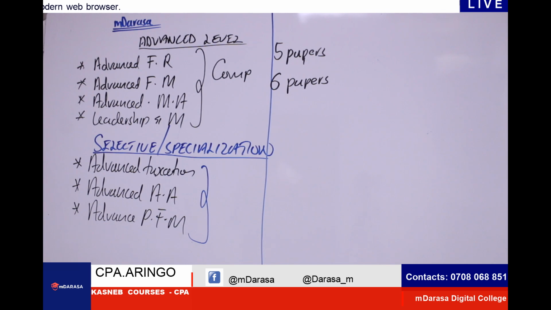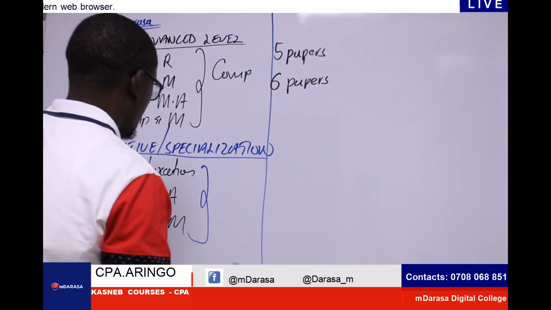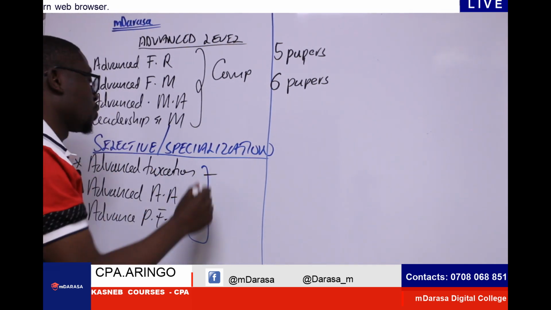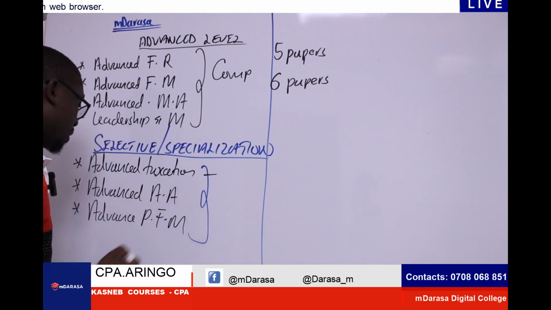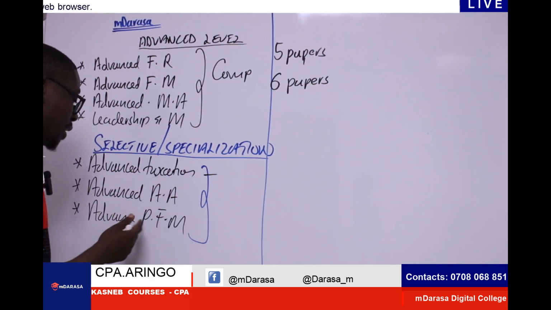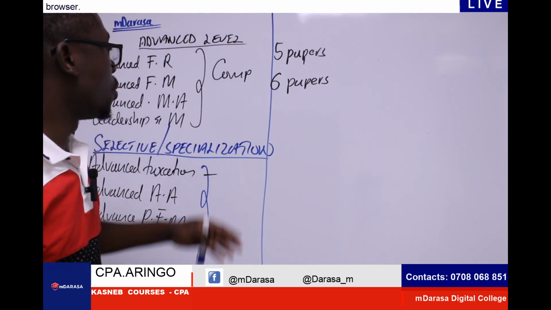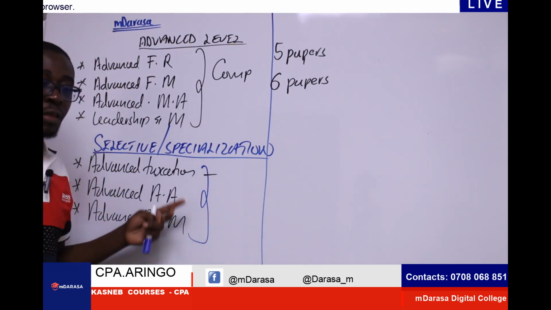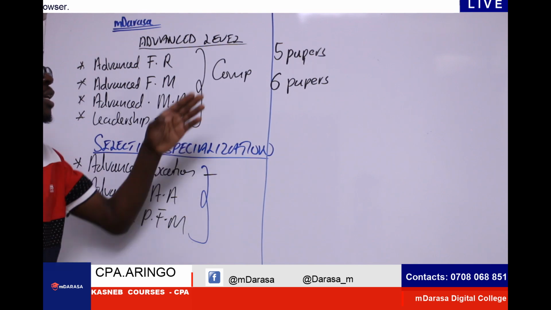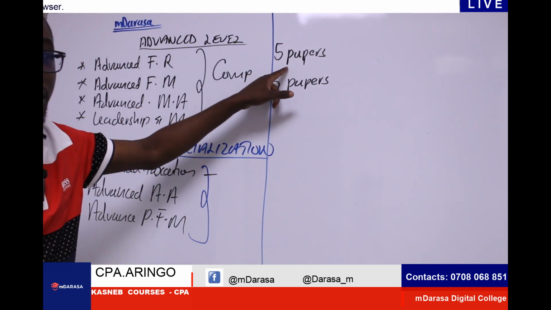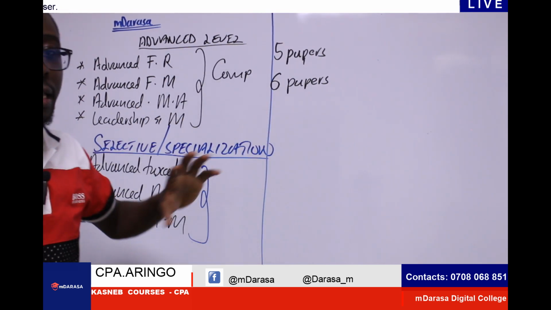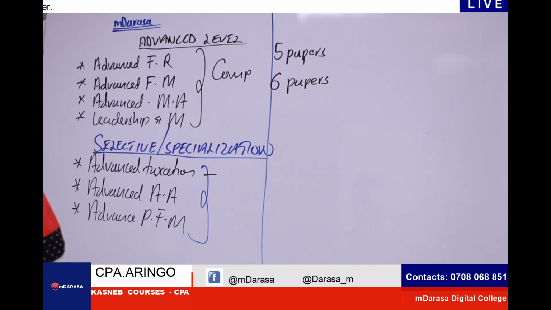You can take advanced taxation plus the compulsory papers, or advanced auditing plus the compulsory papers, or advanced public financial management plus the compulsory papers. Or you can decide to take two of the selective papers. So in total, you can do either 5 papers or 6 papers, depending on the selective papers you have picked.